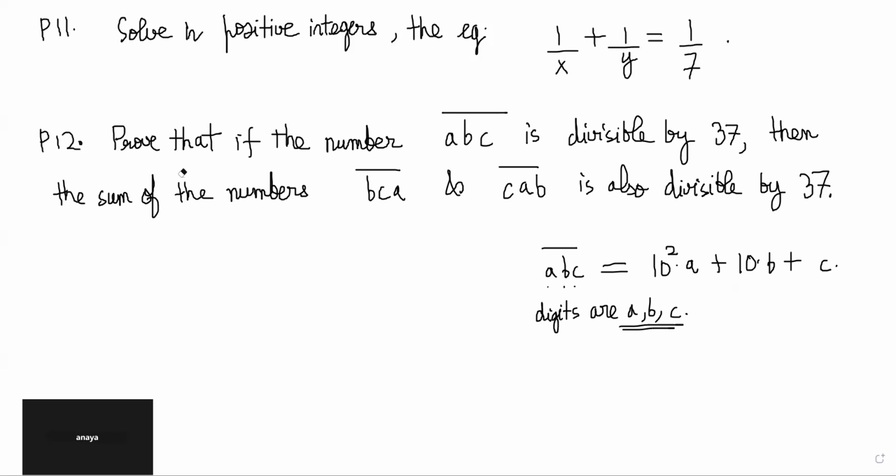So you have written this 12th one. Prove that if the number ABC is divisible by 37, then sum of the numbers BCA and CAB is also divisible by 37.